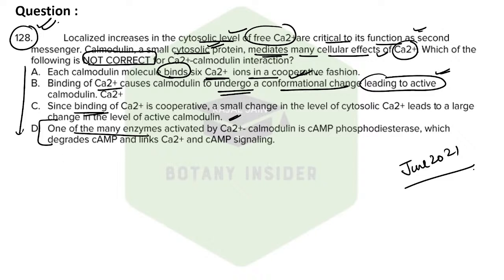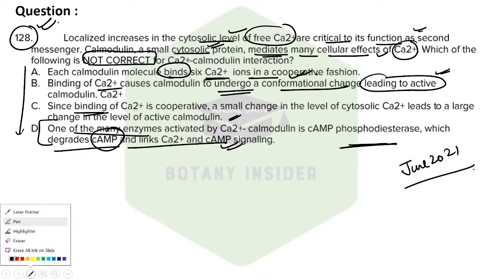And last, one of the many enzymes activated by Ca2+ is cAMP phosphodiesterase, which degrades cAMP and links calcium and cAMP signaling. Very good. The answer for this question is option number 1. Just by getting through the main concept, you can mark the answer.